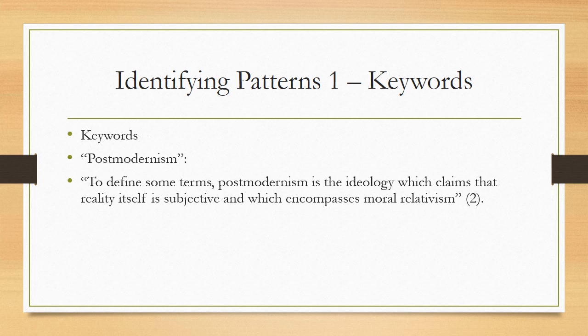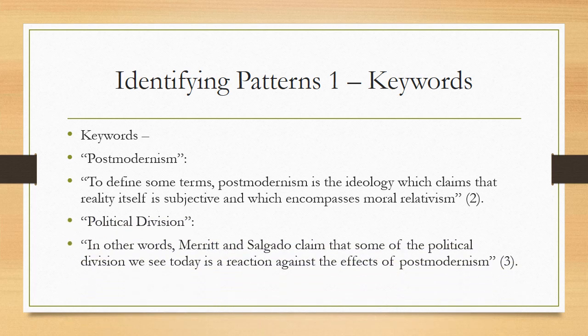It's very important, this shift in the culture in the U.S., as we'll see when we get to the next slide and look at some key concepts. Another important term he used was political division. He says, "In other words," again a sentence that shows he's defining terms, "Merritt and Salgado claim that some of the political division we see today is a reaction against the effects of postmodernism."